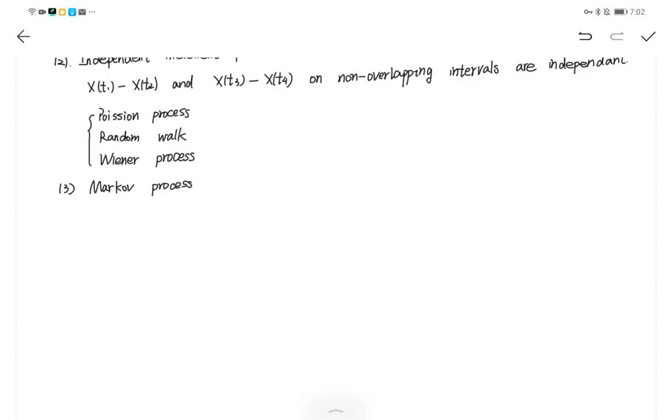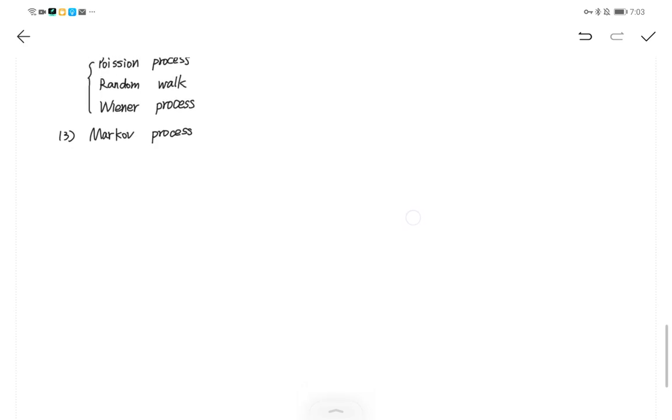We can write the definition of the Markov like, if we have time s1, s2, sl, and m, m plus k.